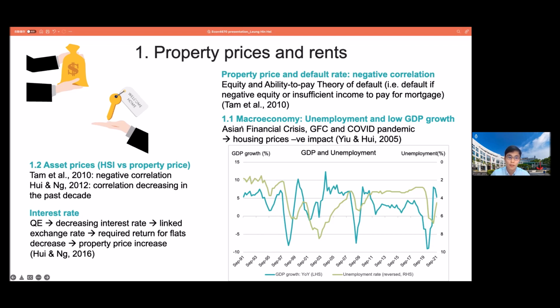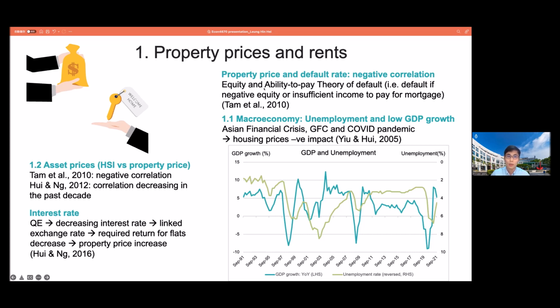Some scholars have described the equity and ability to pay theory of default, which means that if a person defaults, some reasons would be that the property is subject to negative equity, or that they have insufficient income to pay for their mortgage.